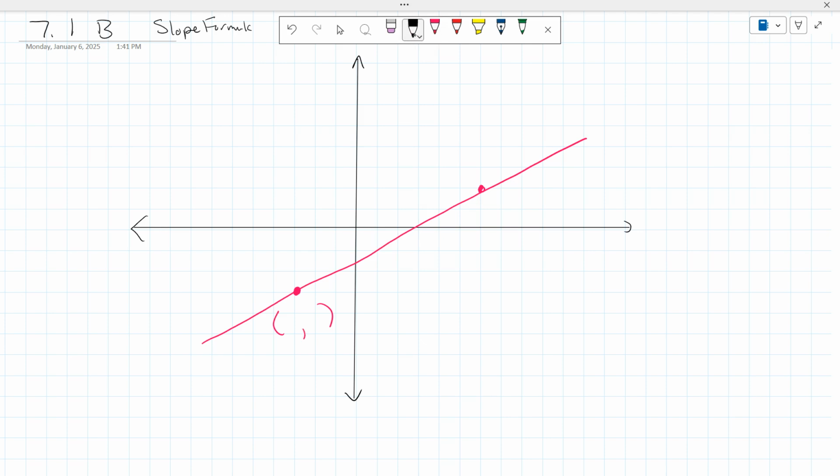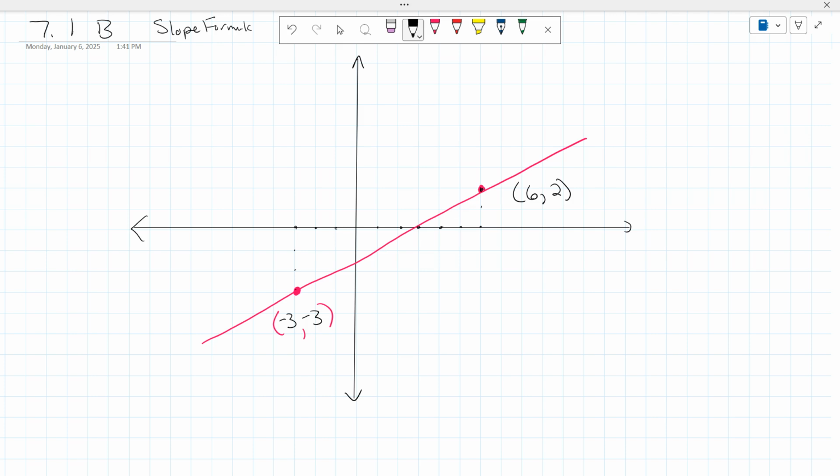So from the origin, I count over 1, 2, 3, and I count down 1, 2, 3. So I go 3 to the left, so it's negative 3, and 3 down, so it's negative 3. Its coordinates are negative 3, negative 3. This point over here, I go over 1, 2, 3, 4, 5, 6 from the origin, and up 1, 2. So it's 6, 2. Okay, those are its coordinates.